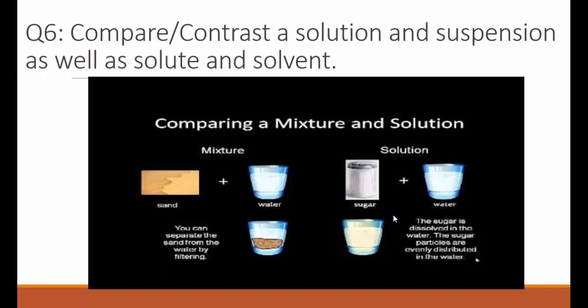So a solution has a solute and a solvent. One more time, sugar is the solute, what is being dissolved, water is what does the dissolving, and we call that the solvent. When you have a solute and solvent, you have a solution. If it doesn't mix and dissolve, then you have a suspension because the items are suspended inside the water.